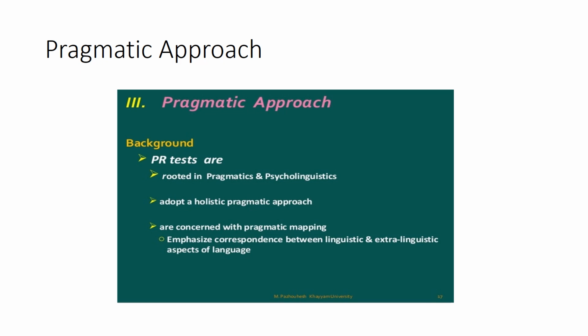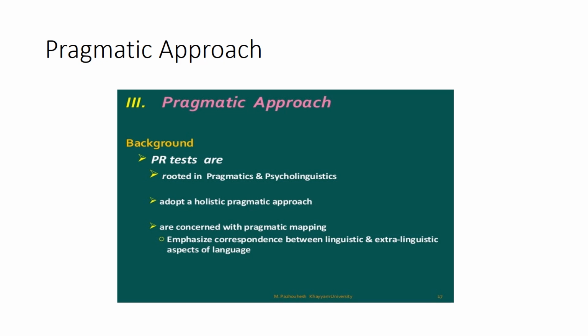So these are functions, the functions for which we actually use language in our real life. This is called pragmatics. Depending on the fact that human beings use language in real life to serve certain functions, language has to be taught and tested in the same way.